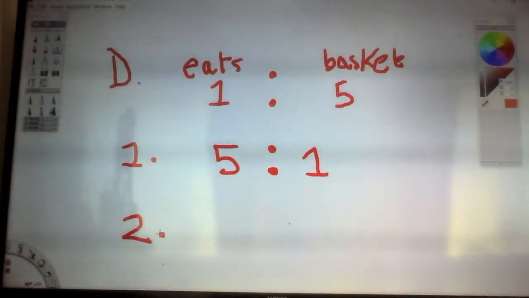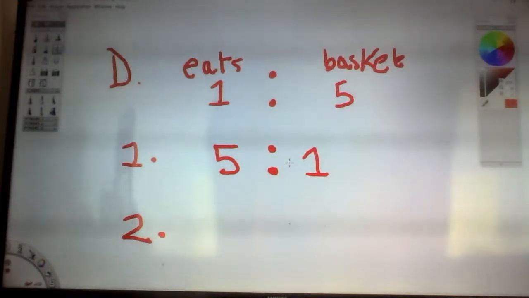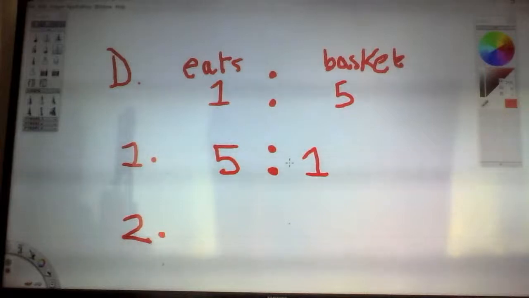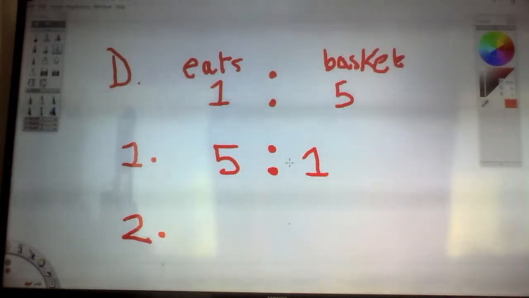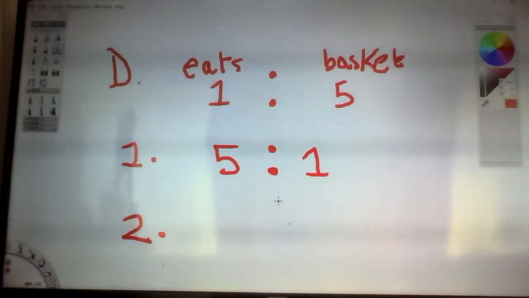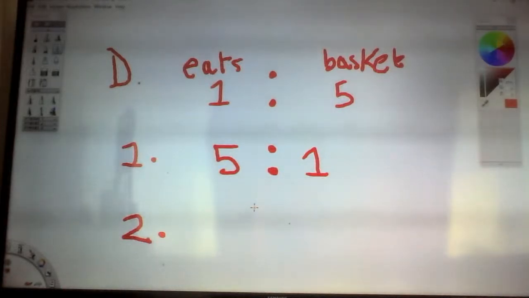Number 2. What proportion of the strawberries picked does Paul eat?